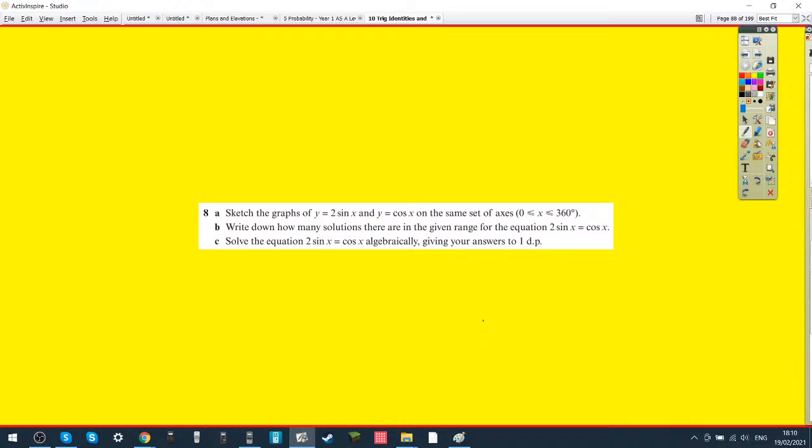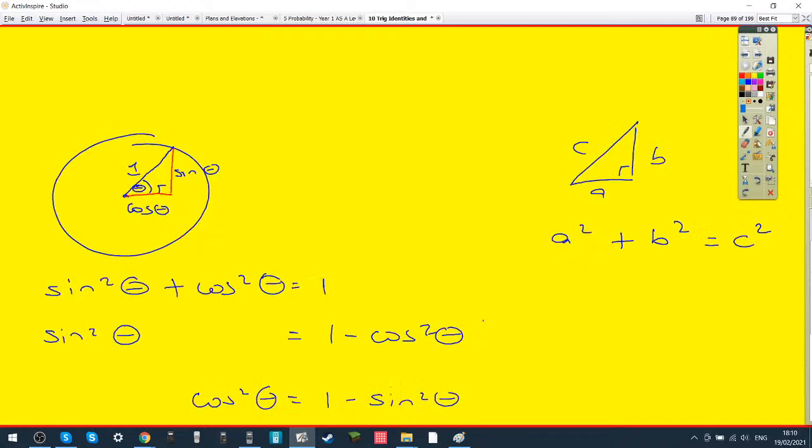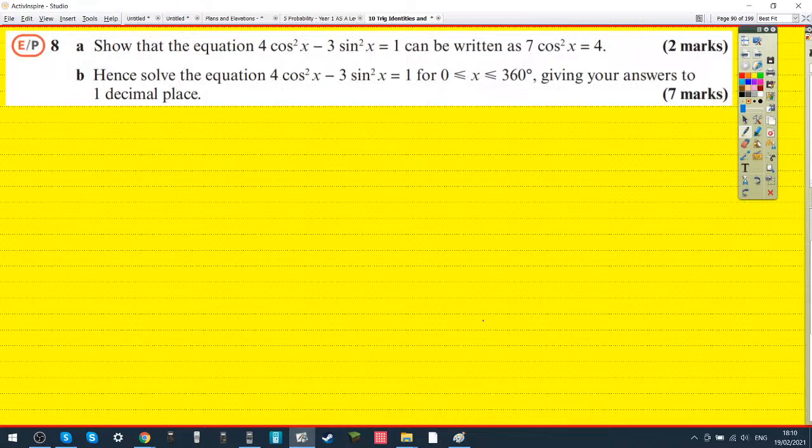Sketch the graphs of this thing, how many solutions, and then solve it algebraically. So I don't think that's difficult. This was the one, yeah. That's just a reminder. Alright, let's do this.